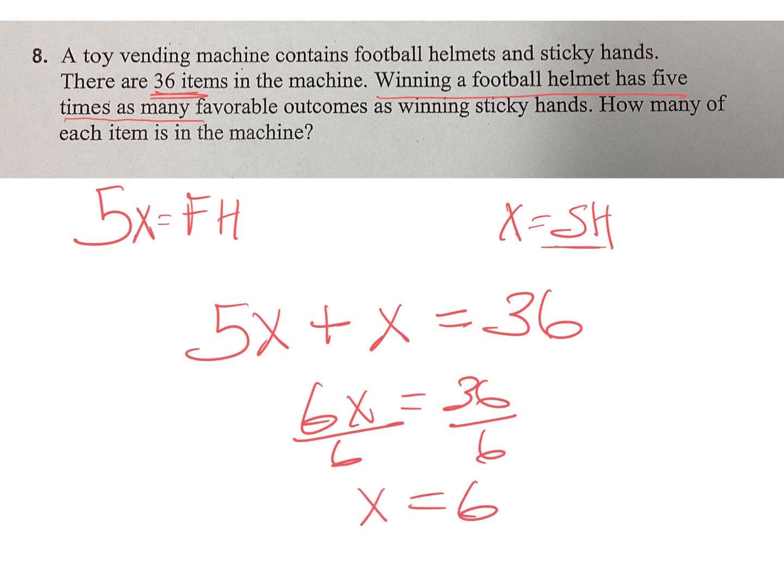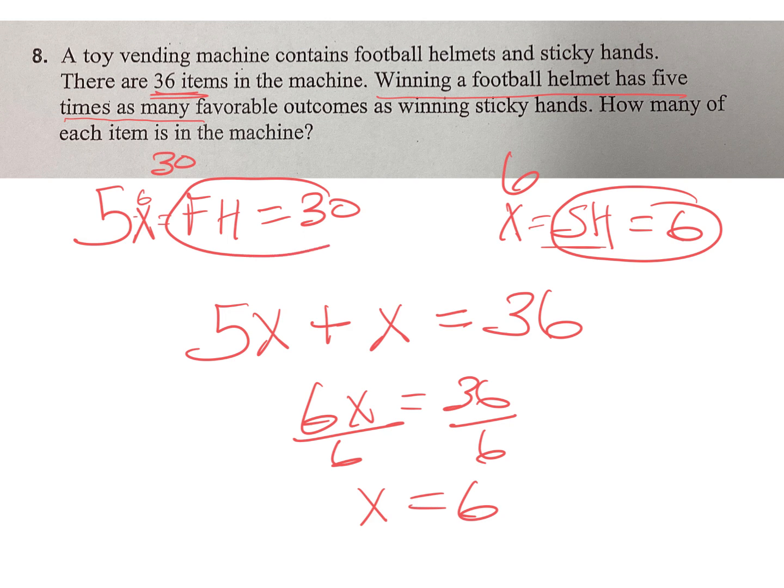So there are 6 sticky hands, and 5 times that is 6 times 5, which is 30. So there are 30 football helmets and 6 sticky hands.